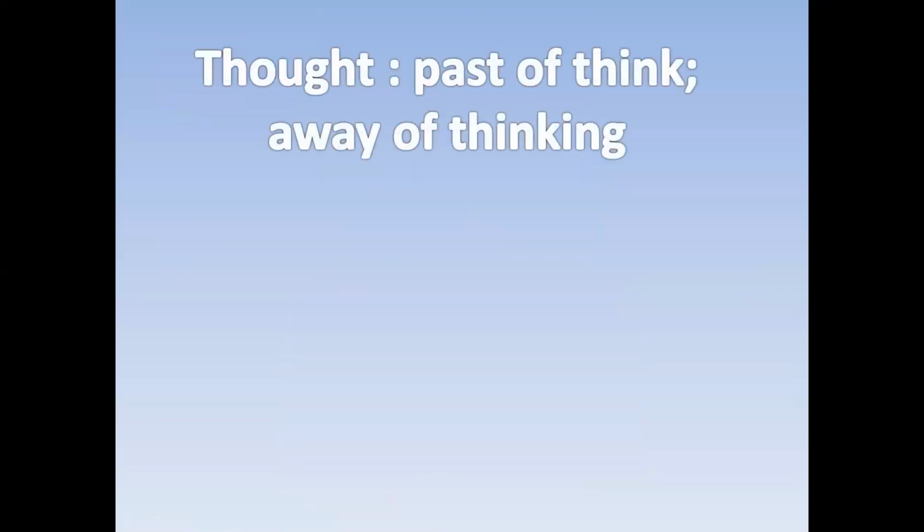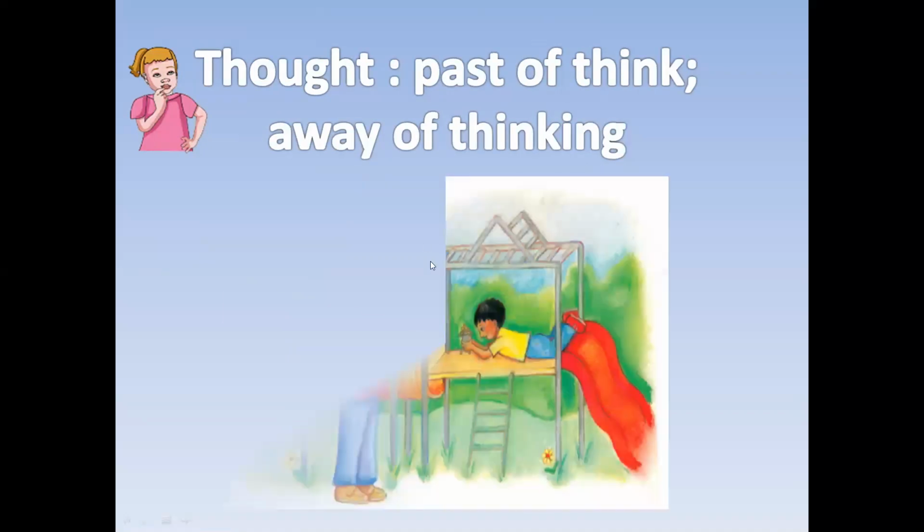Thought. What's the meaning of thought? Past of think, a way of thinking. So the meaning of thought is past of think or a way of thinking. Focus here. Past of think. Now look at this picture. What is she doing? She is thinking. So the meaning of thought is past of think. Now who can put it in a sentence?